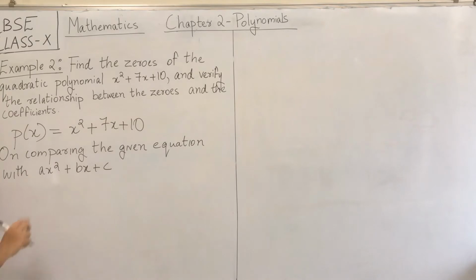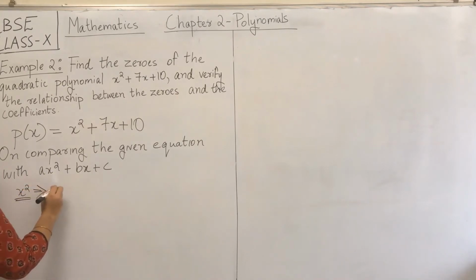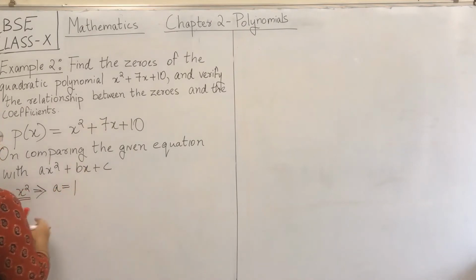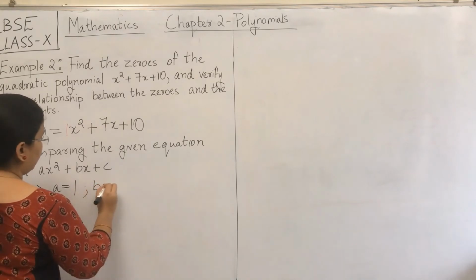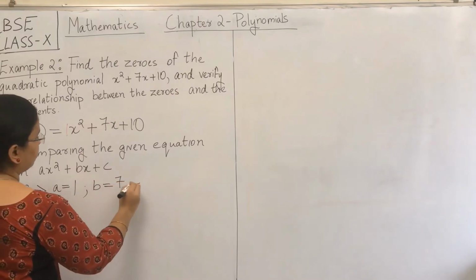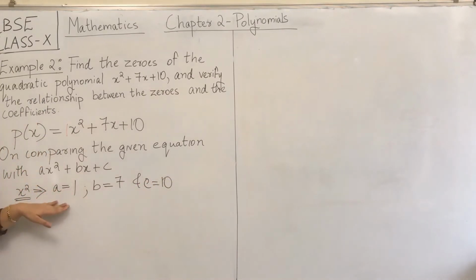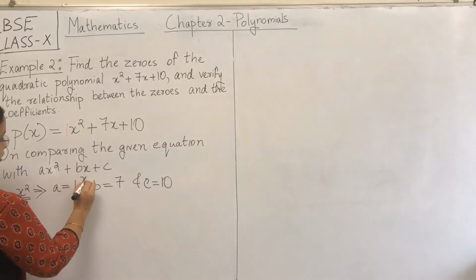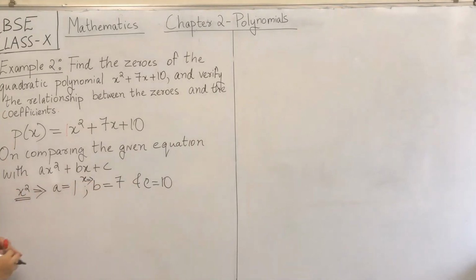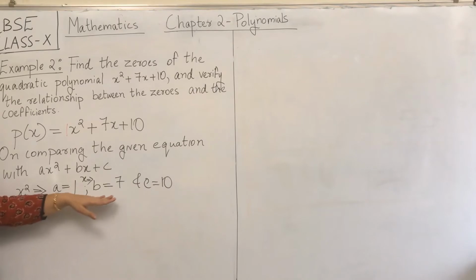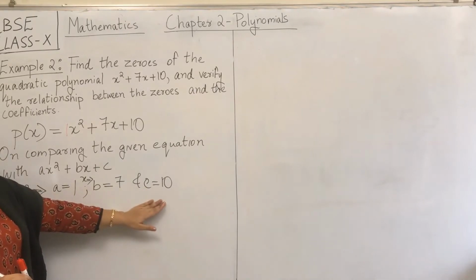So when comparing the coefficients, firstly of the x squares, here a equal 1, right? Here it is 1, a equal 1, b equal 7 and c equal 10. Compared x square, here x, and here the constant term. So we got a equal 1, b equal 7 and c equal 10.